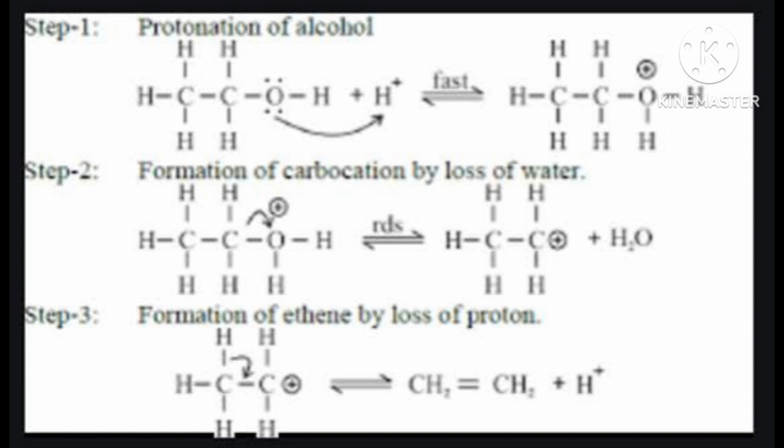When H went as H plus, that carbon became negative, a carbanion. And as OH minus went, the other carbon became positive. Now this negative carbon and positive carbon make one bond, so it became a double bond. In the beginning it was a single bond, now it is a double bond.